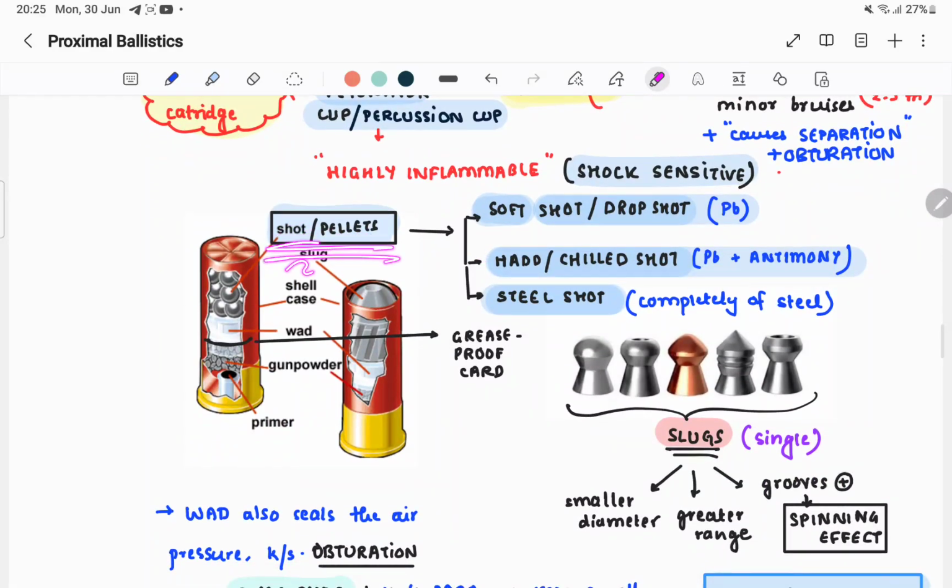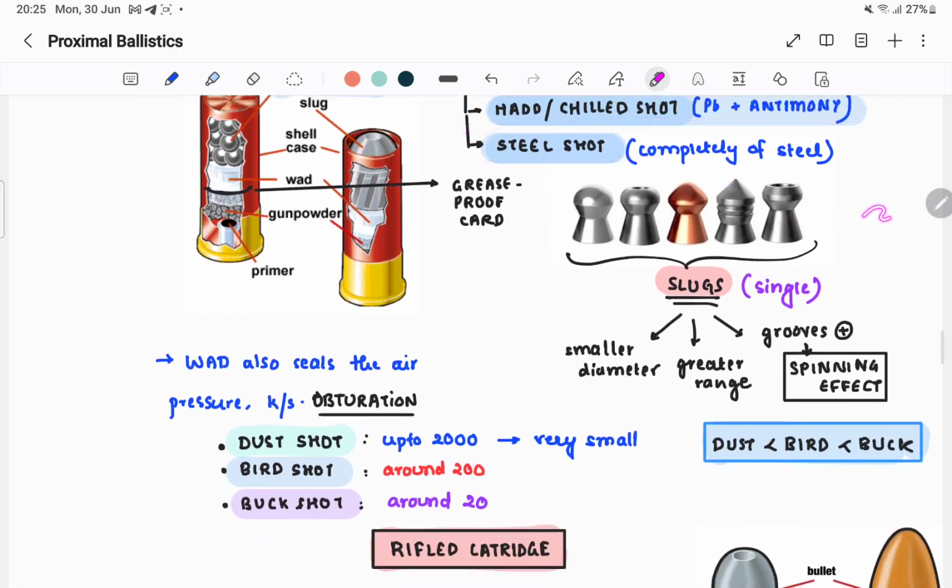We can have many types of lead shots. We can have soft shot, which is only lead, also called drop shot. Hard shot or chilled shot is lead plus antimony. Or we can have steel shot, which is completely steel. Then there are slugs.